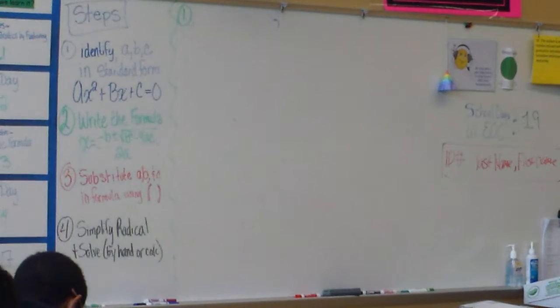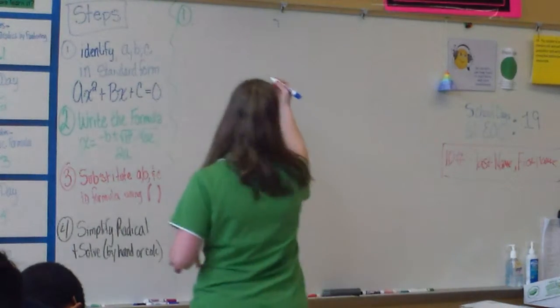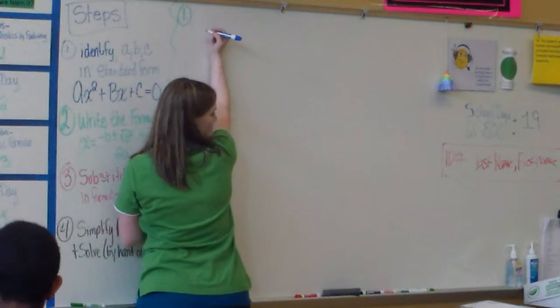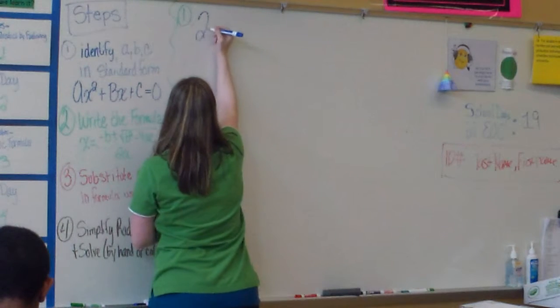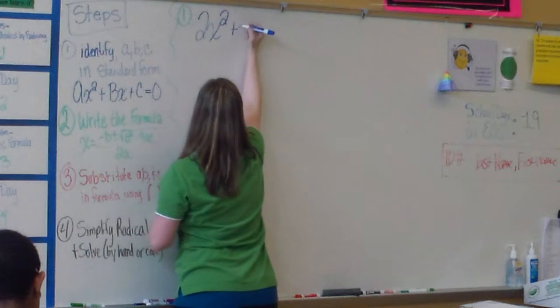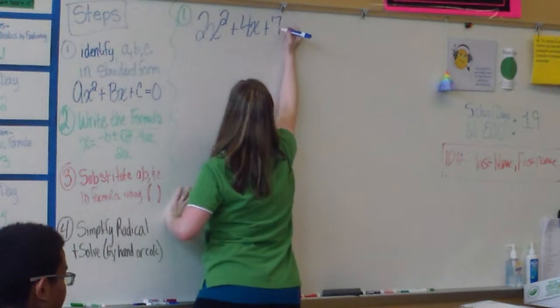All right, here comes your first example. It's actually problem number 6 out of your homework under 7.3. Can you read me problem number 6? 2x squared plus 4x plus 7. Okay?